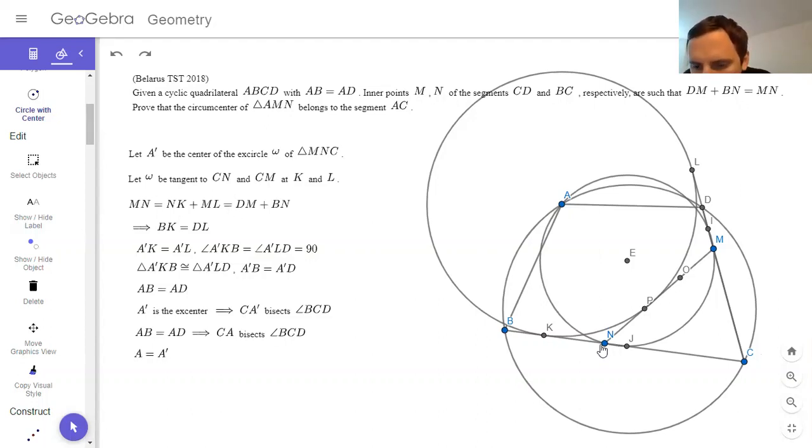I'm trying to think where I went from there. Did you give a reason for it before? I think I heard you, but I forgot. So yeah, if I can show EMCN is cyclic, that would solve it. And somehow I went from that to showing that A was the excenter. I just can't remember how I did that.